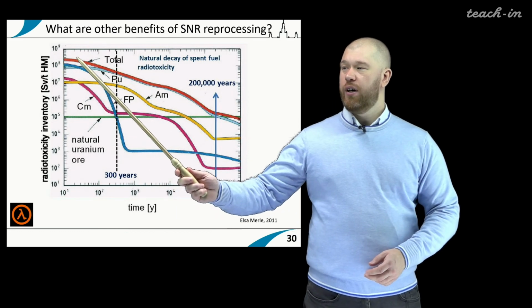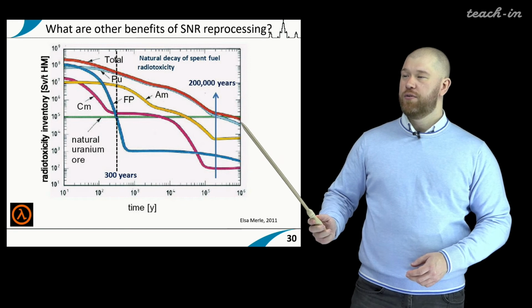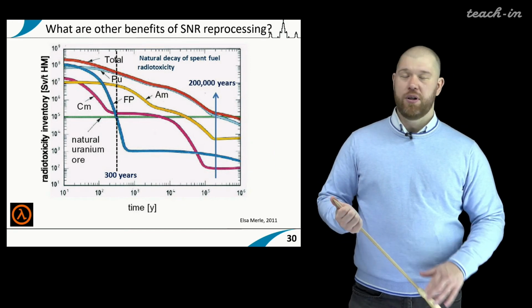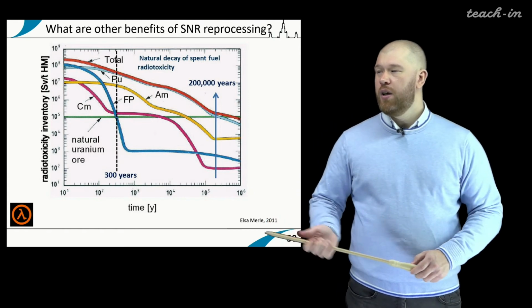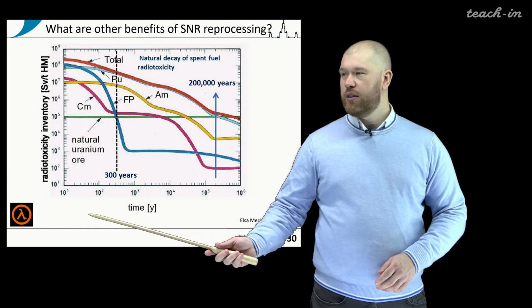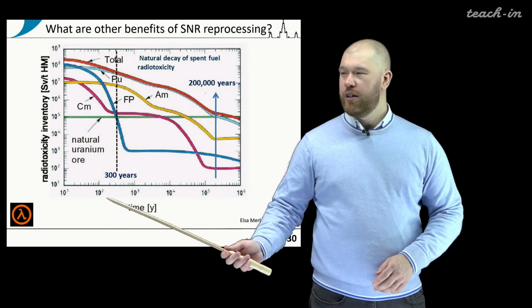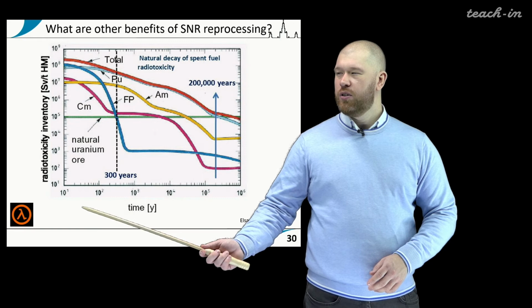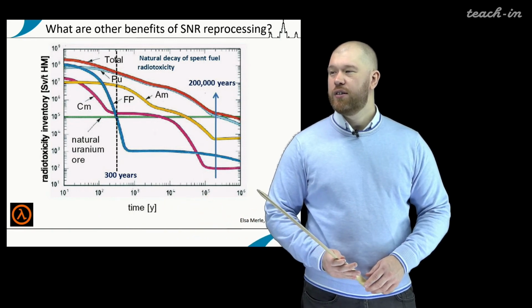This line is the total radiotoxicity of the fuel if we don't reprocess it at all. And you can see this scale. It is a time scale, but it is a logarithmic scale. So it is 10 to 1, 10 to 2, 10 to 3, 4, 5, 6, etc.